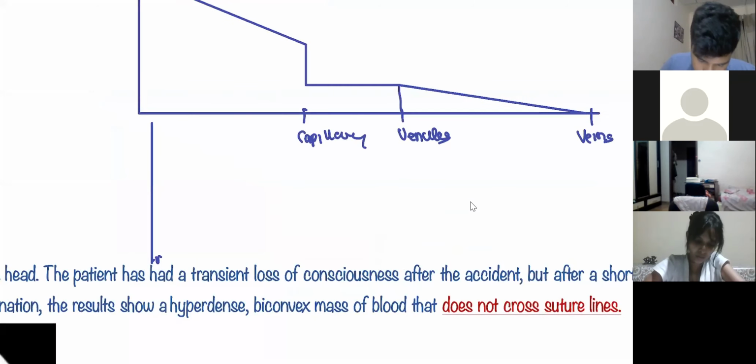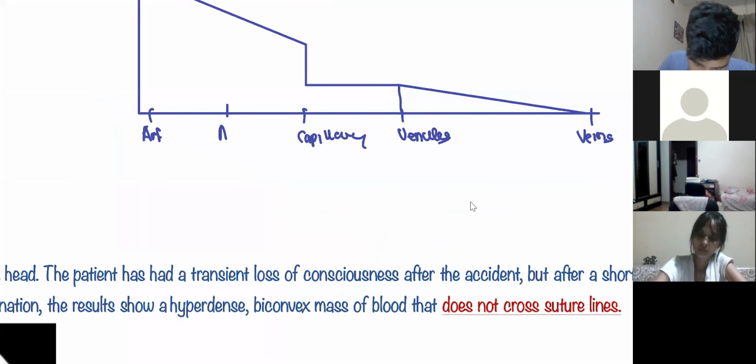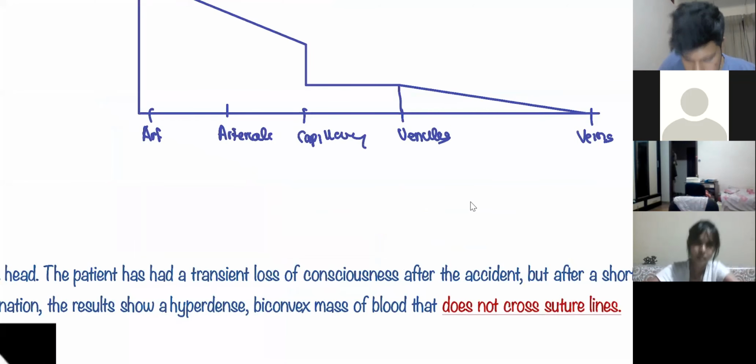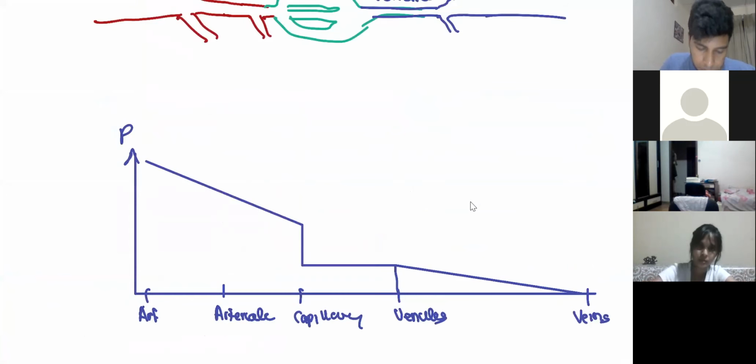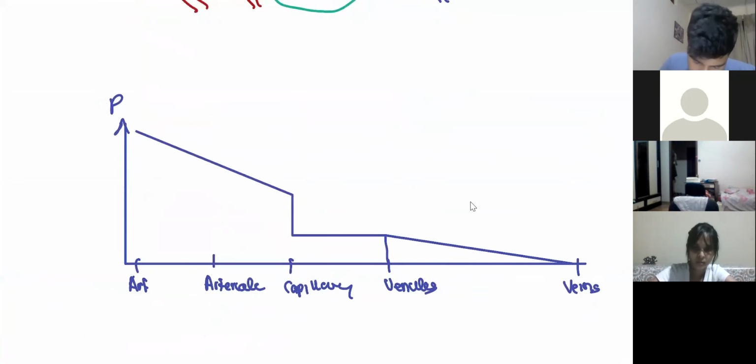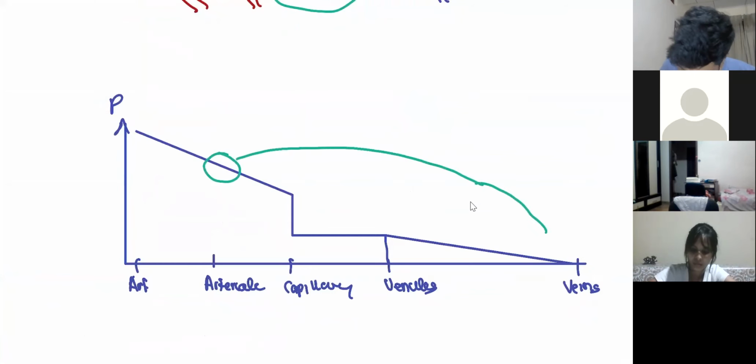These are the arteries, arterioles. That's how it normally is. But what happens if this pressure is suddenly given to the veins?